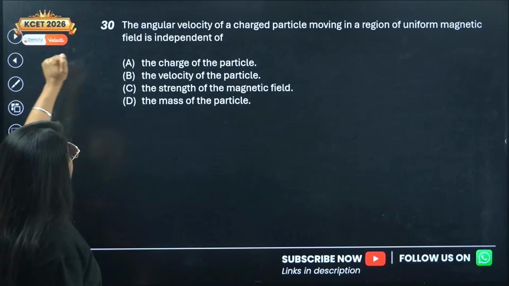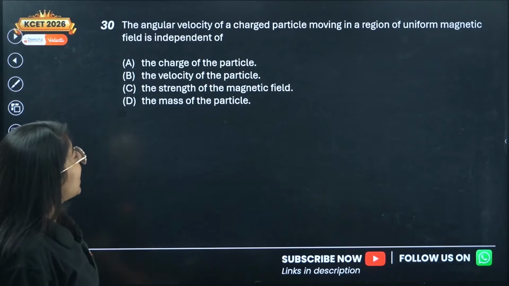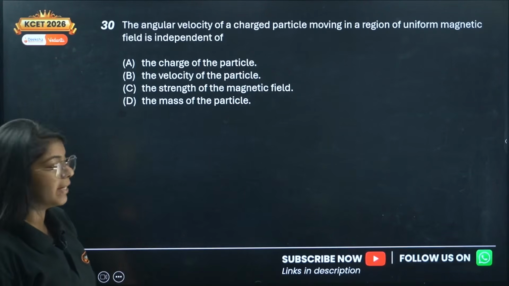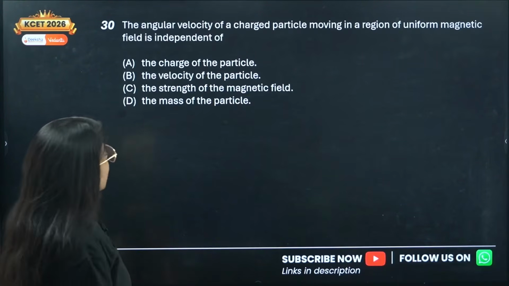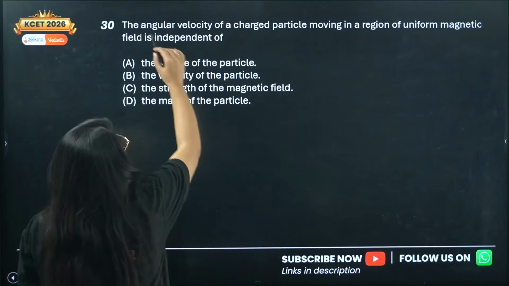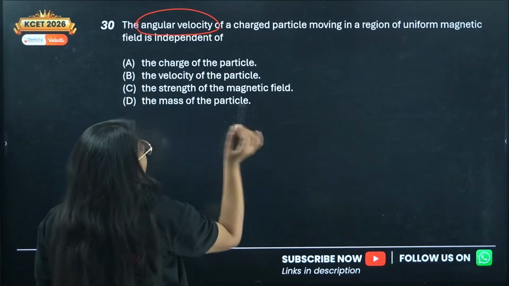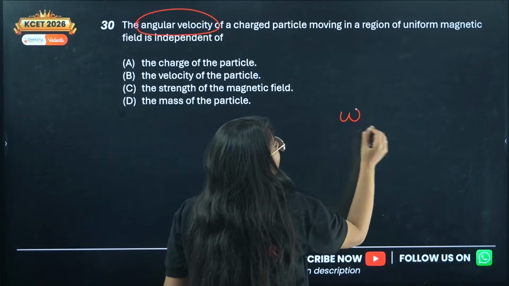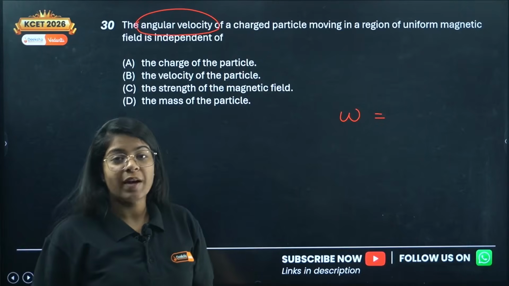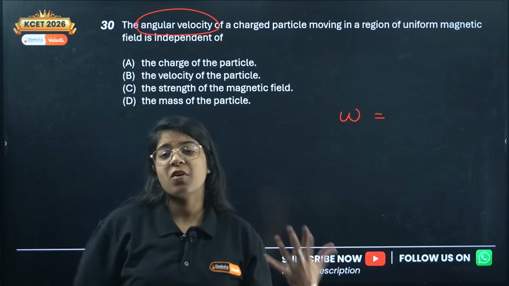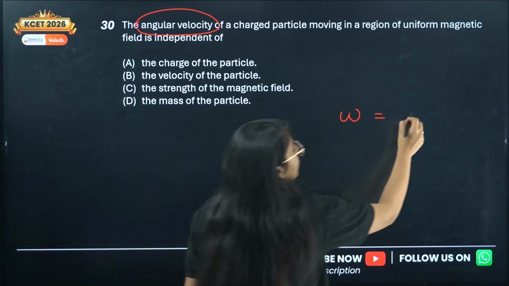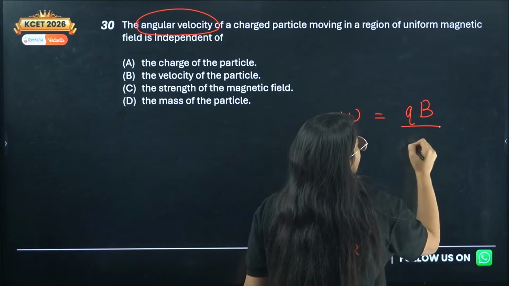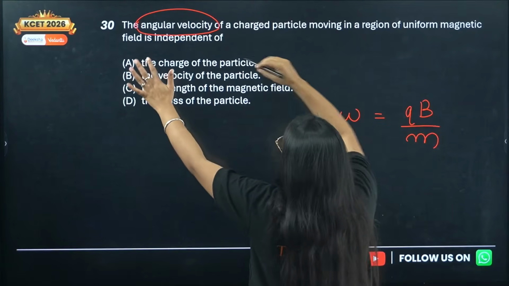Okay. 30th question says, the angular velocity of a charged particle moving in a region of uniform magnetic field is independent of. We need to see the angular velocity. Now, ma'am, we'll just write the formula of angular velocity, and from there we'll know on what factors it depends. That is simply QB by M. So it depends on the charge.